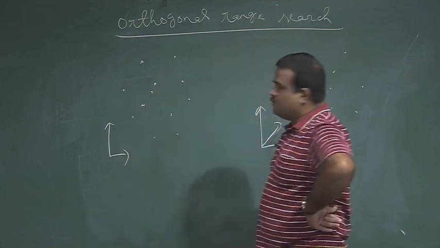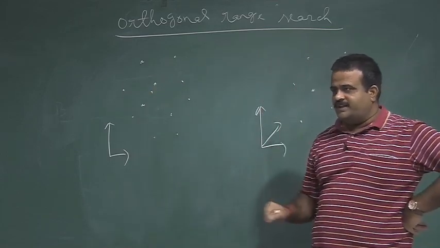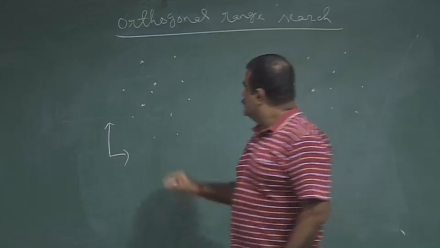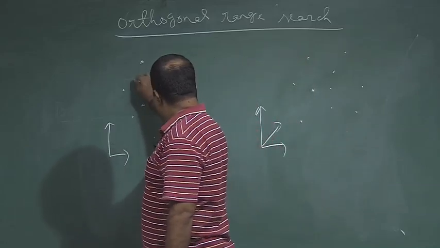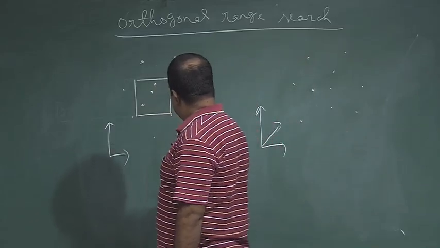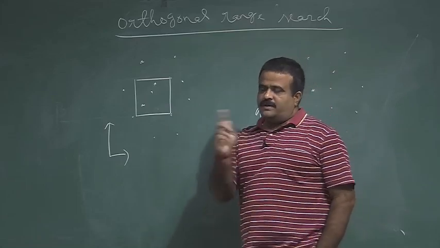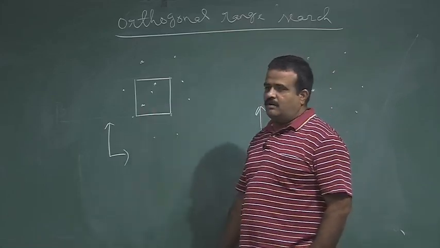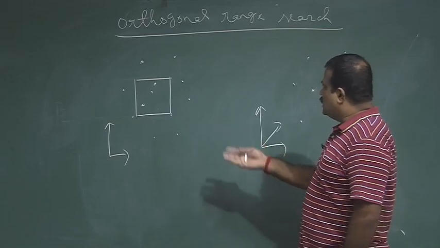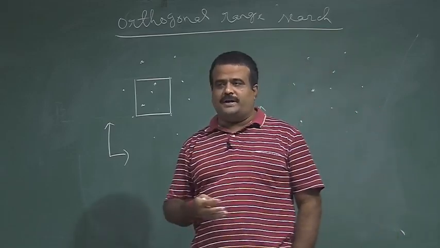Now, we are given an orthogonal range. For 2D, it is a rectangle. So, we are given a rectangle and we have to find out whether there is any point in this rectangle or not, and how many there are. So, these are the queries.